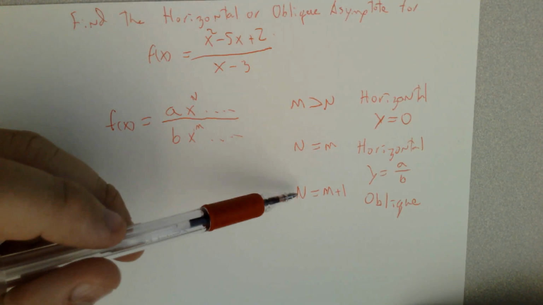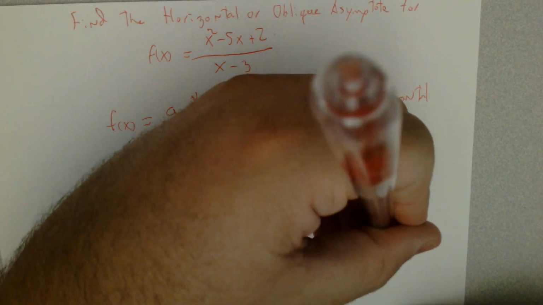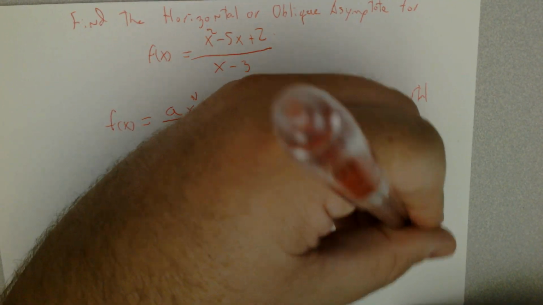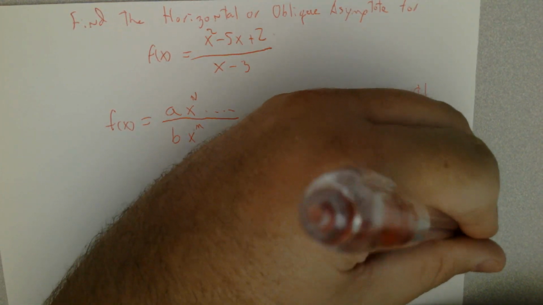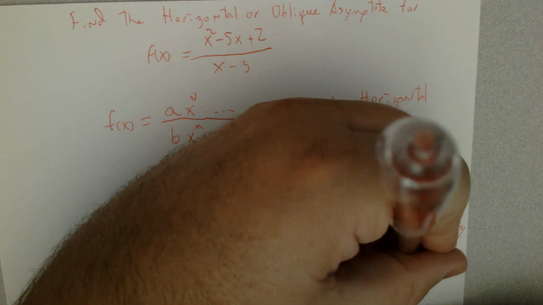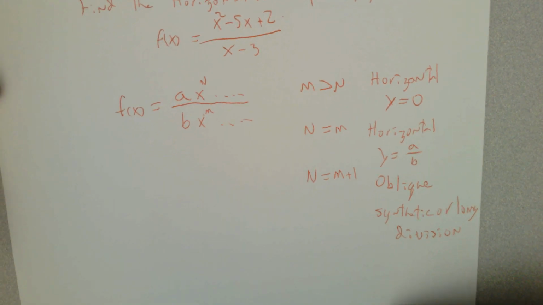So when we have the oblique scenario, we need to do either synthetic or long division to find the equation of that linear asymptote.